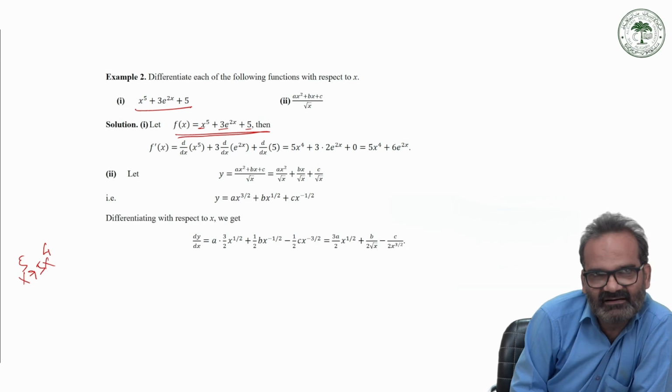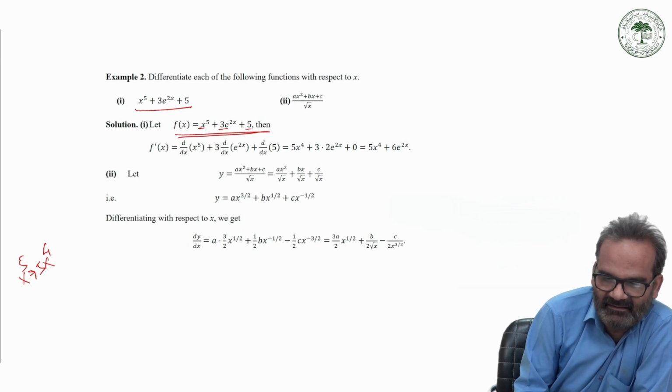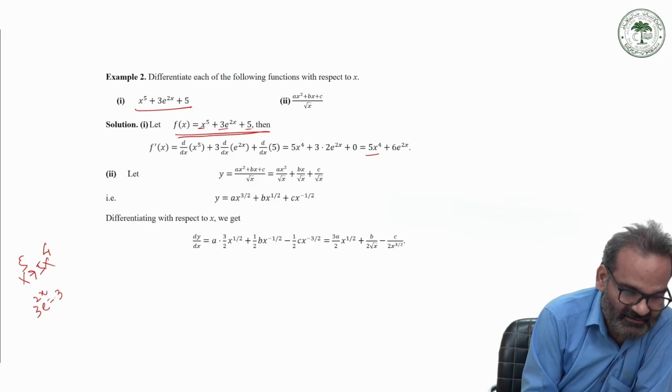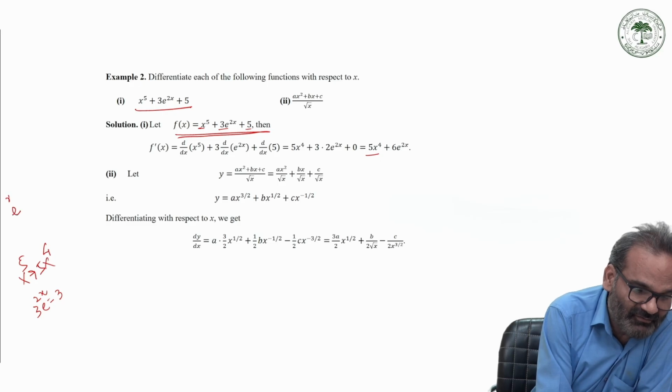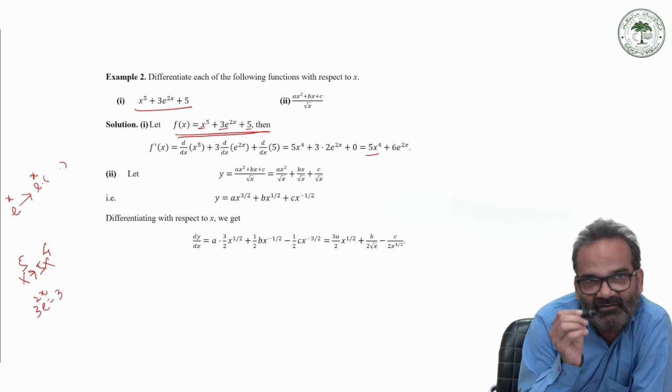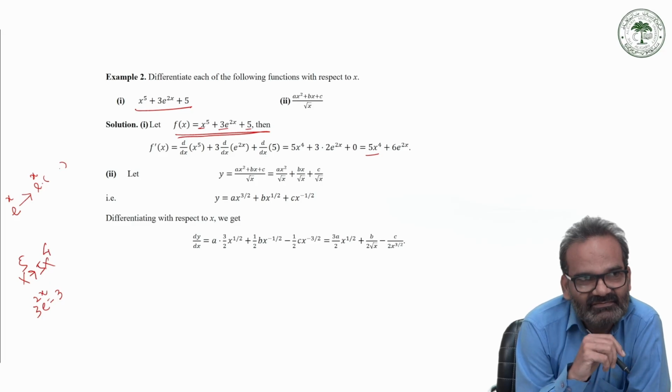Now I think I should write it directly, right? 5x power 4. What about 3e power 2x? So this 3 will remain as it is. Now look here. We know the formula of e raised to the power x, and its derivative is e raised to the power x into, as I have told you, derivative of x here. Here we are having e power 2x. In place of x, we are having 2x.